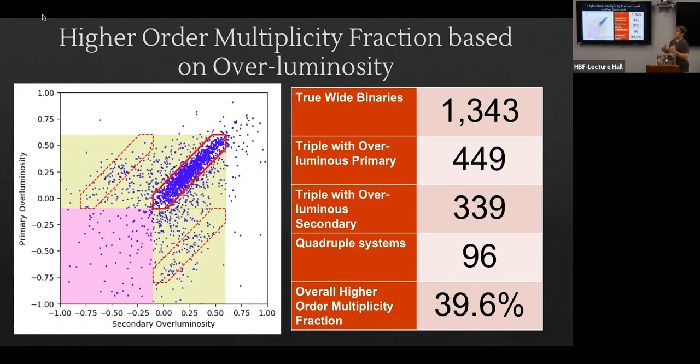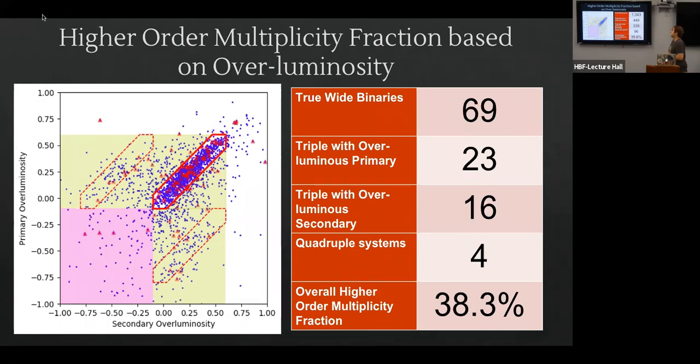Now, if we go back and we select the stars that have separations greater than 10,000 AU, so that's these red triangles here, and you total those up, you get around the same higher order multiplicity fraction. And this at least seems likely to me because now you're dealing with essentially 2 systems that are not interacting at all and may have formed from similar or adjacent cores to each other, so not pulling from the same material.